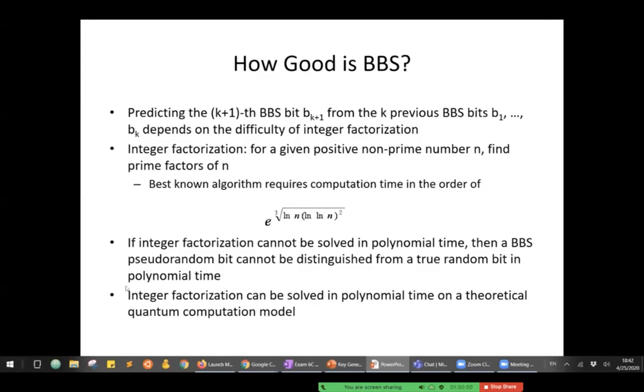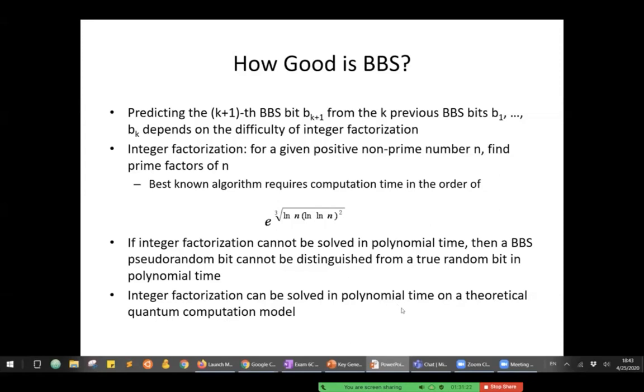The last bullet is a comment. Using a theoretical quantum computation model, because we don't really have a functional real quantum computer to do this, integer factorization can be solved in polynomial time.